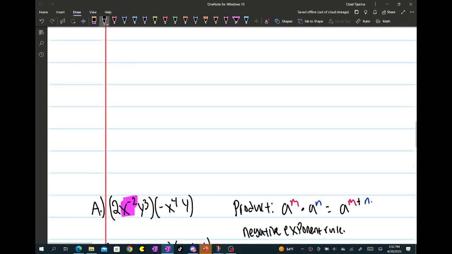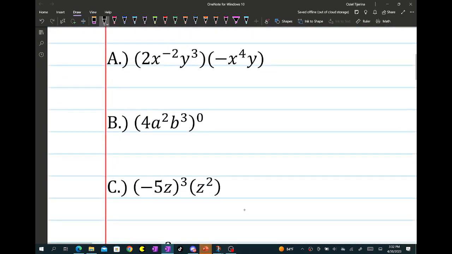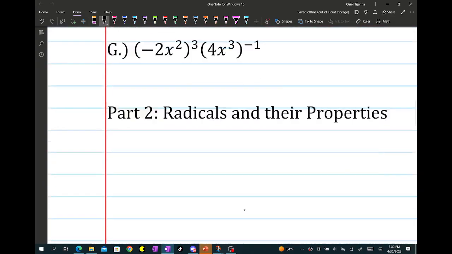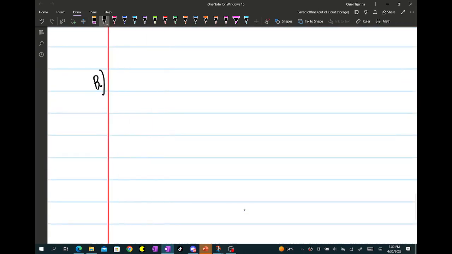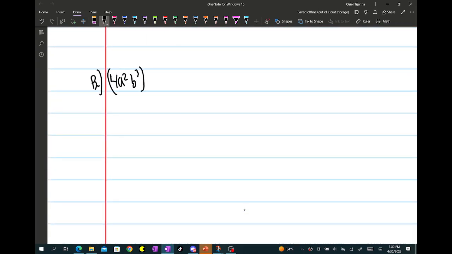Okay, now let's go on to part B. So part B is pretty simple. 4a squared b cubed, all raised to the 0 power. Now, we need to remember that when we have a 0 power, the 0 power property basically tells me that no matter what I have, anything raised to a 0 power will always be 1.